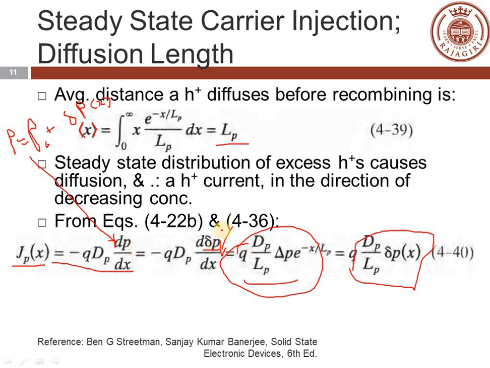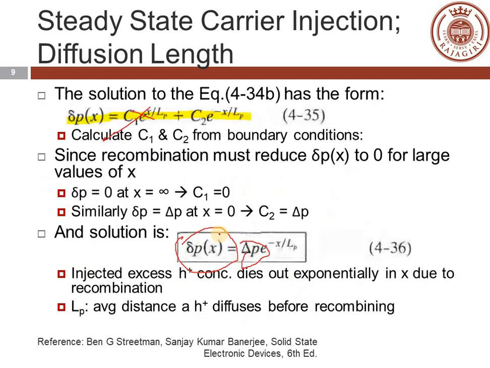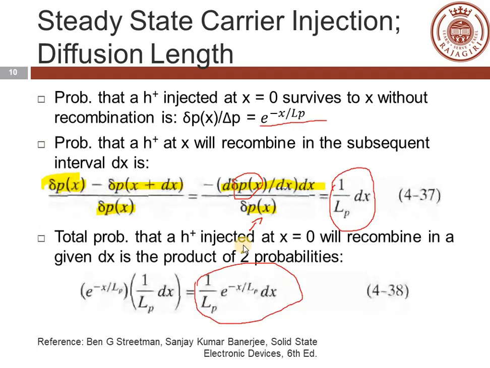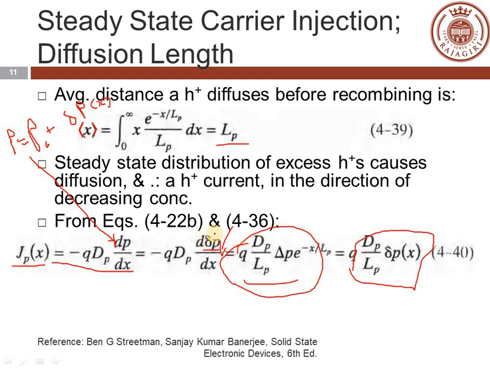And to this delta p we need to substitute the equation, capital delta p into e to the power minus x by Lp. That is equation number 36. So if you take the derivative, we'll get the expression as q into Dp by Lp, capital delta p into e to the power minus x by Lp. And we know capital delta p into e to the power minus x by Lp is the instantaneous value of the excess concentration, that is small delta p of x.